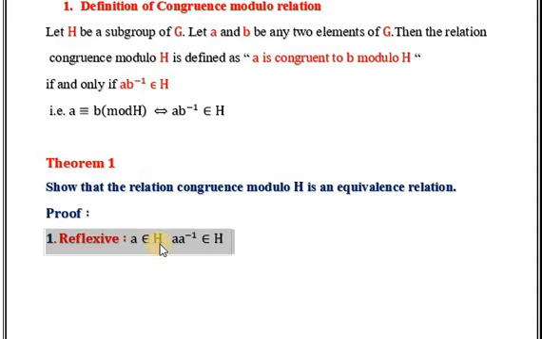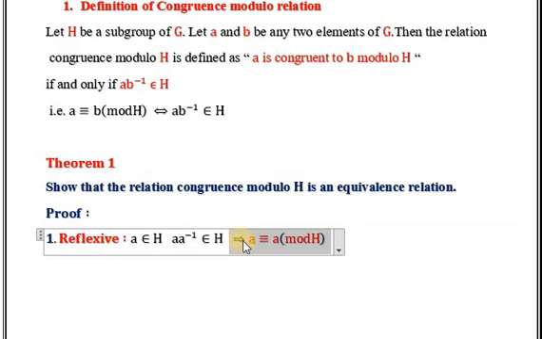For all A belongs to H, A inverse exists in H. A belongs to H, comma A inverse belongs to H. So this is nothing but A is congruent to A mod H. If A is congruent to A mod H, then that relation is called a reflexive relation.